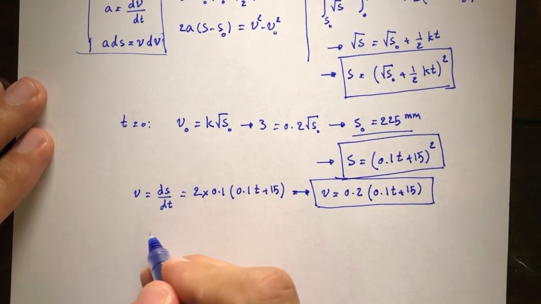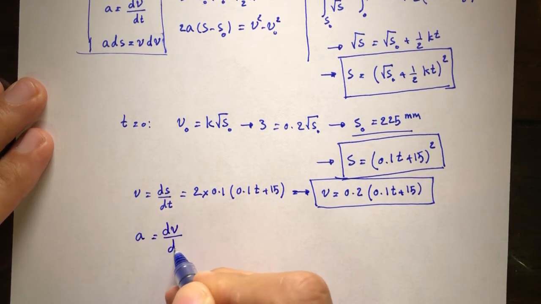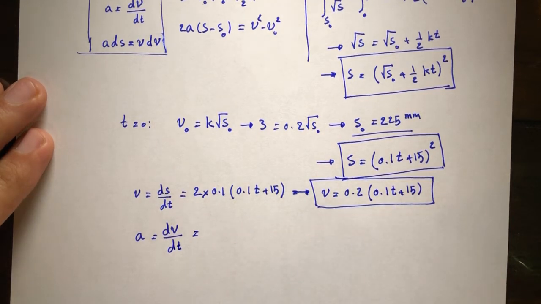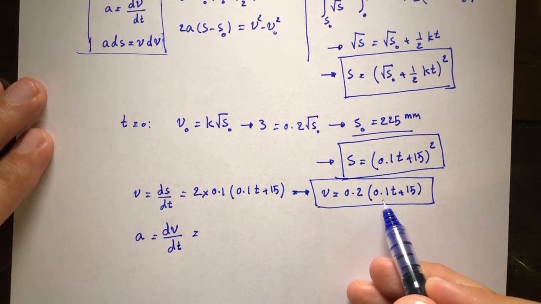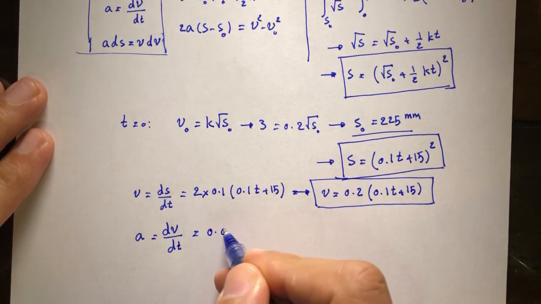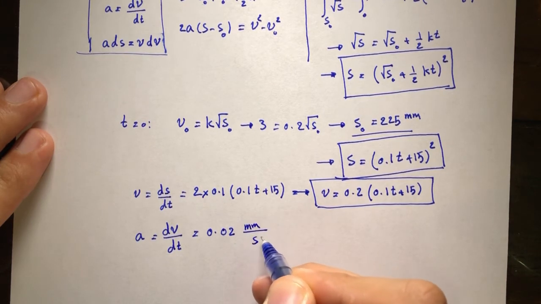Now I can find the acceleration. Acceleration is equal to dv/dt. So I need to take another derivative of this, which is going to be 0.2 times 0.1, so it's going to be 0.02 millimeter per second squared.